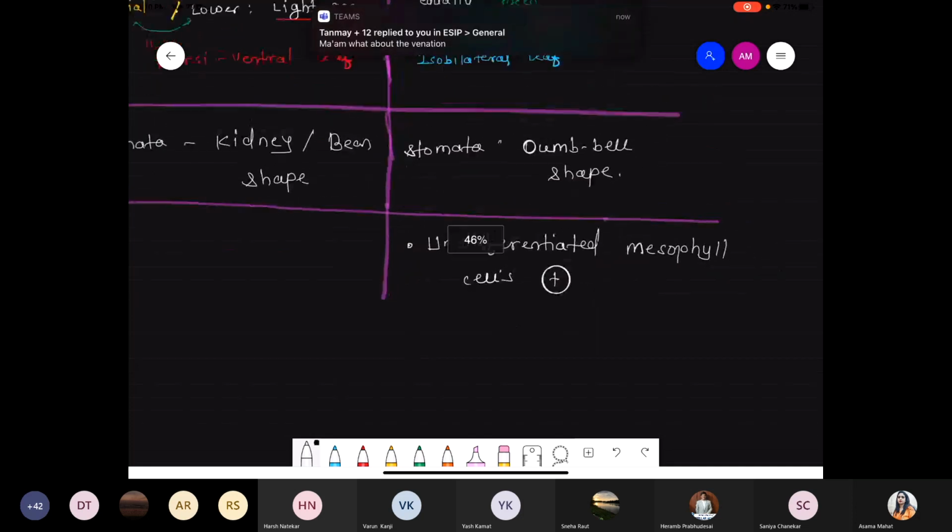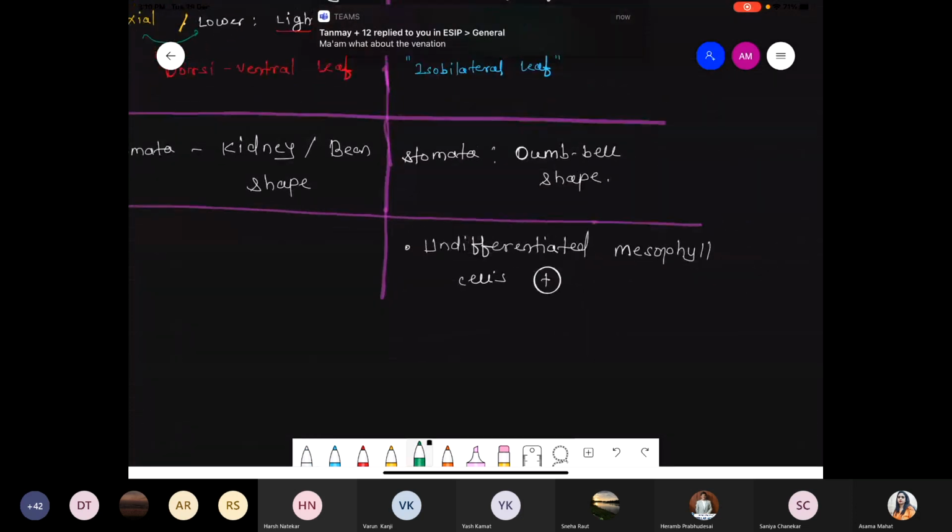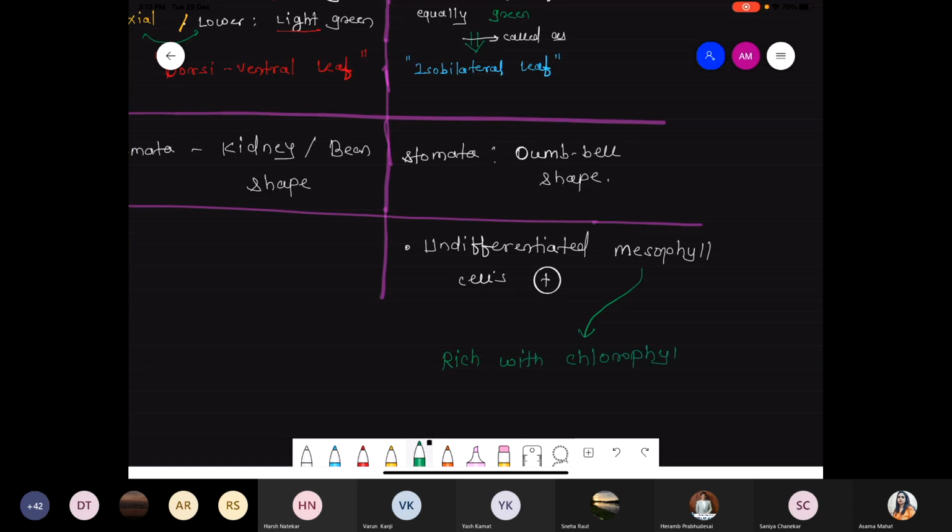And what is the meaning of these mesophyll cells? Normally they are rich with the chlorophyll. And another point, these are one kind of the parenchyma tissue. So mesophyll cells are one kind of the parenchyma tissue, as well as rich with the chlorophyll.